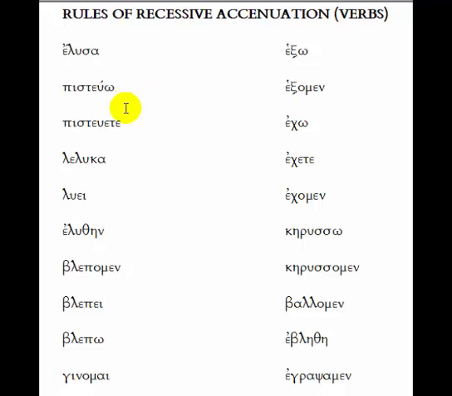Now, pistuete is going to be a different form of the same verb, to believe. In this case, it's going to be you plural believe. We'll learn all that soon enough. But in this case, we're going to count vowels again, and it can go back further. 1, 2, 3.